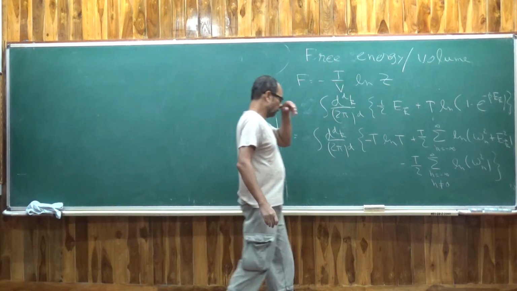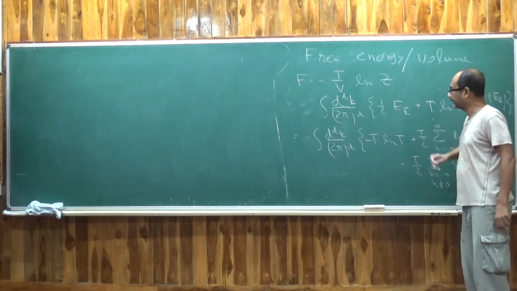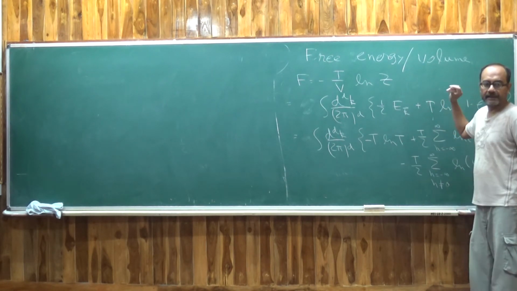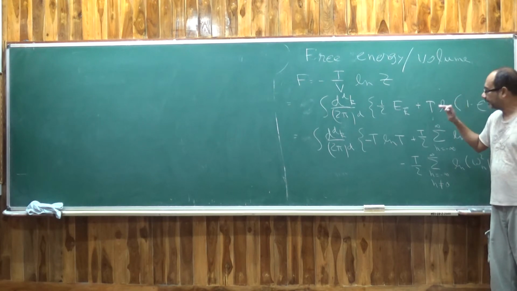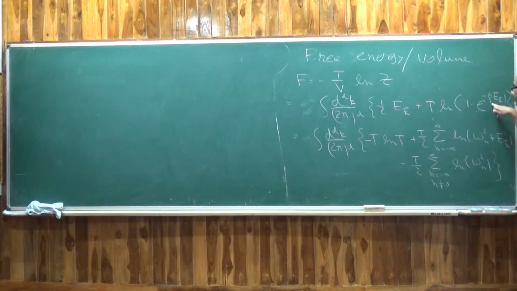Now we have to do some work to remove divergences. Because you see here, let's look at the zero temperature limit, and let's analyze this term. Zero temperature means beta goes to infinity. So in the zero temperature limit, this goes to 0, and then log of 1 is just 0. So in the zero temperature limit, this term goes away.